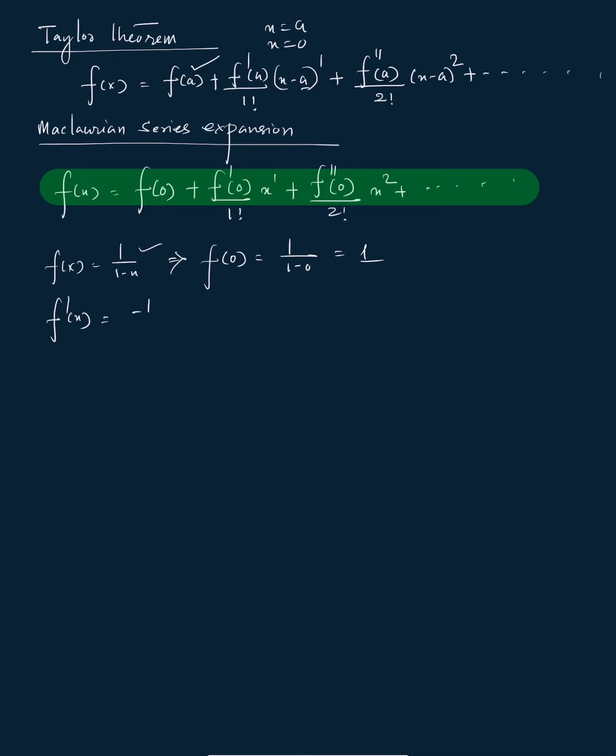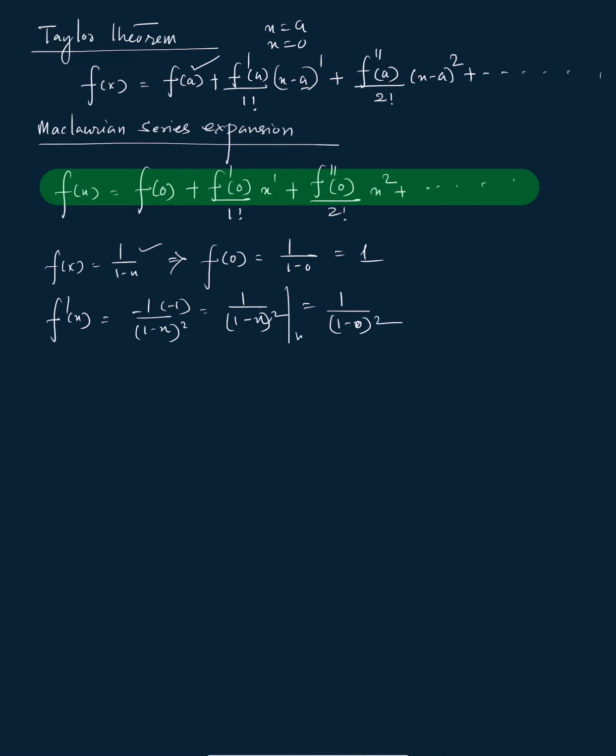This will be negative 1 by 1 minus x whole square, and the differentiation of 1 minus x is negative 1, so this will be 1 by 1 minus x power raised to 2. Now you have to replace x by 0, so this is 1 by 1 minus 0 whole square.